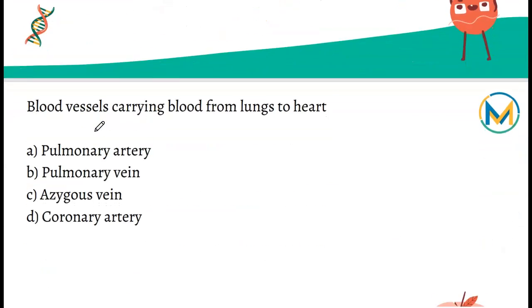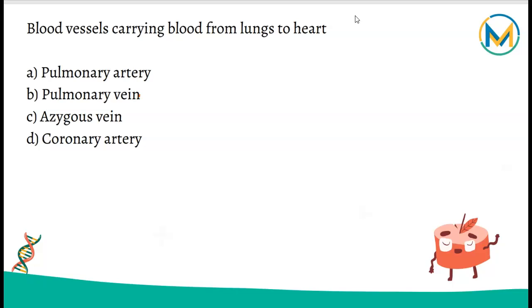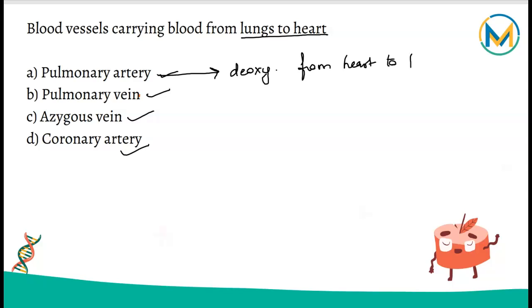And the last question we have here is: blood vessels carrying blood from lung to the heart. The options are pulmonary artery, pulmonary vein, azygous vein, coronary artery. Pulmonary artery basically takes the deoxygenated blood from the heart to the lung for purification.